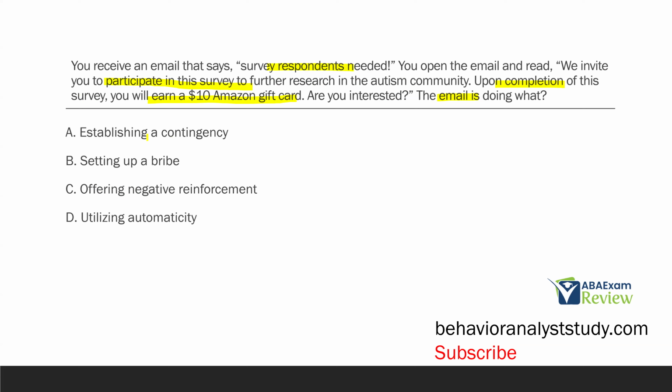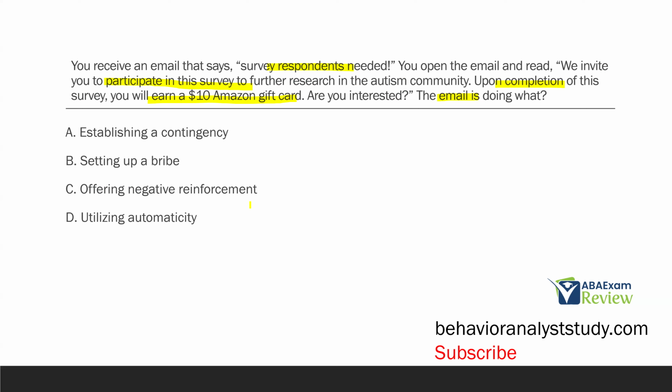With the bribe, you earn the consequence first, and then you're asked to engage in the behavior. So if the email gave you $10 and then said, now you complete the survey, that's a bribe. You've already earned the gift card. There are no response requirements left. A contingency is when there's a response requirement to earn the consequence.